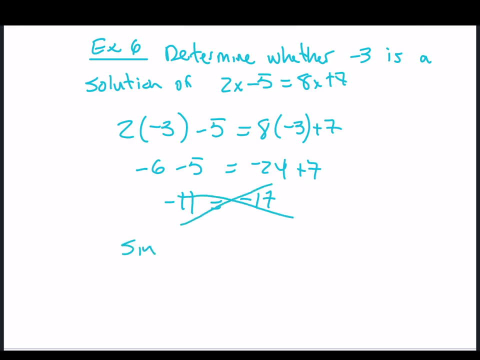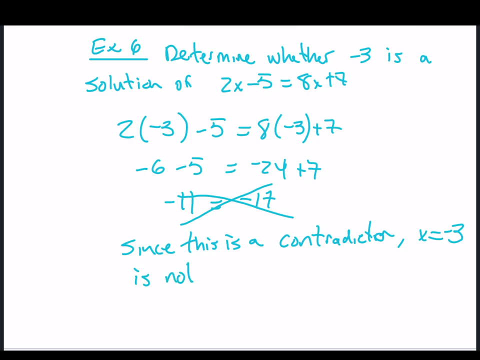So since this is a contradiction, in other words, not a true statement, because negative 11 can never be equal to negative 17, we have that x equals negative 3, the value we're checking, is not a solution to the equation.